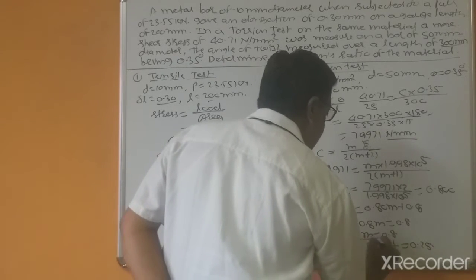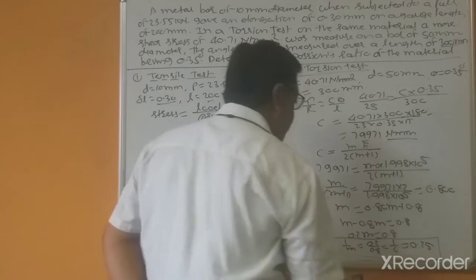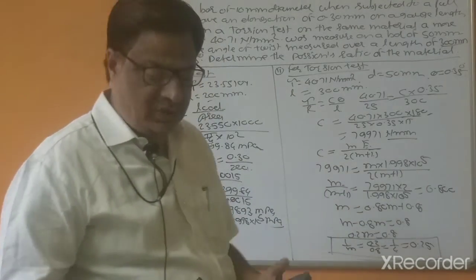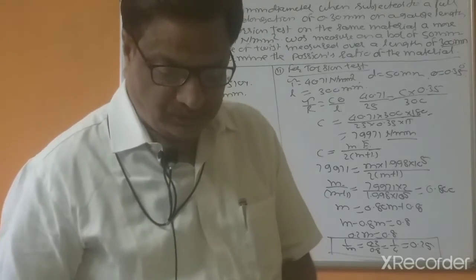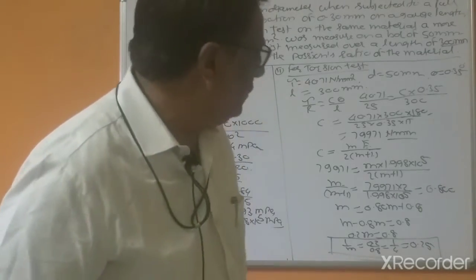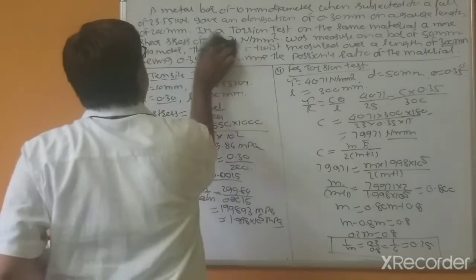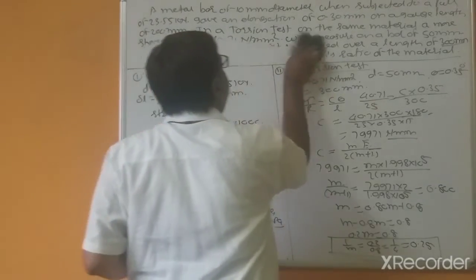So the Poisson's ratio is equal to 0.25, because 1 by m is nothing but the Poisson's ratio. So this is your expected answer. So this is the first problem.